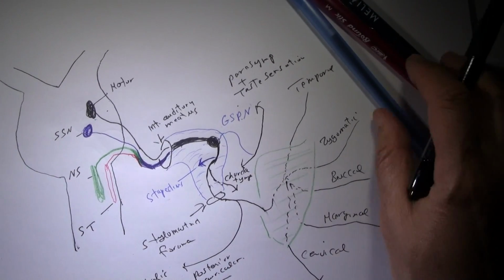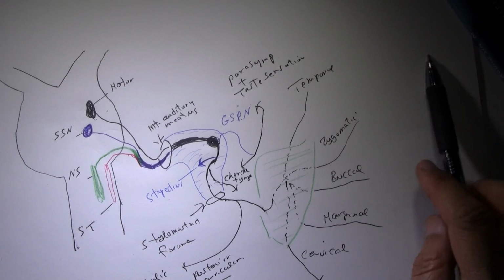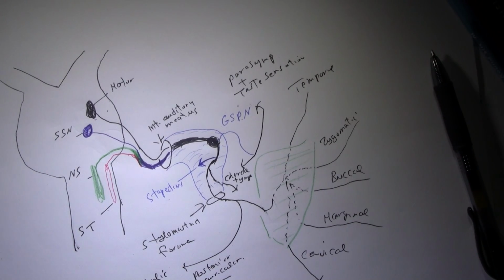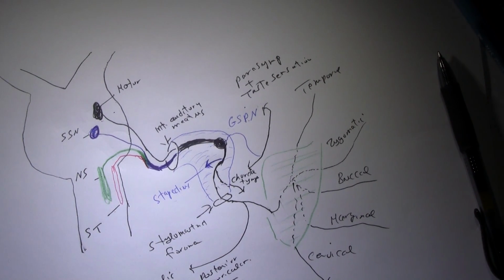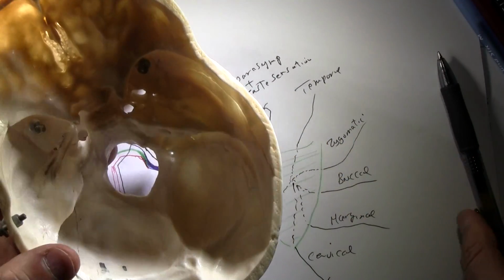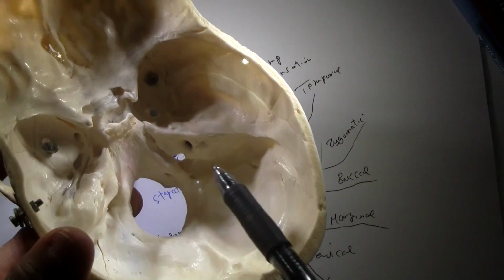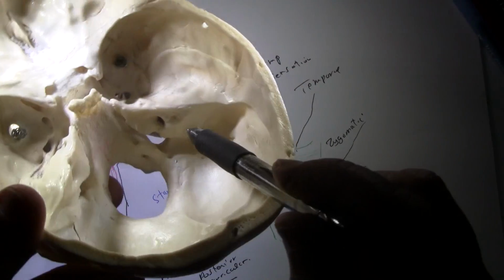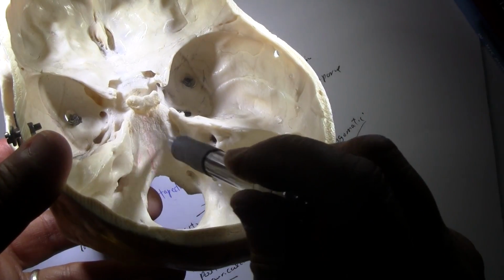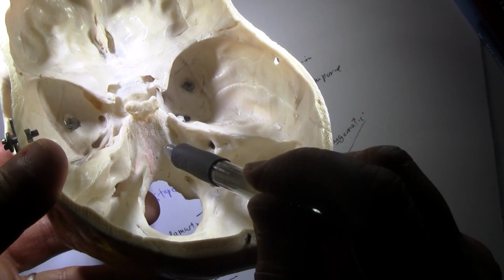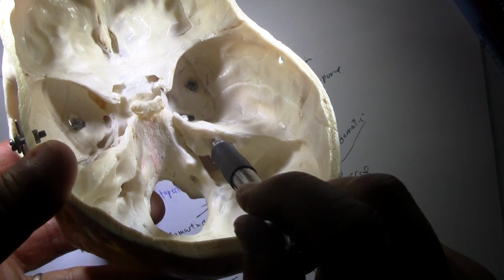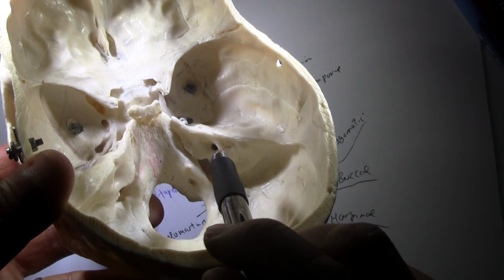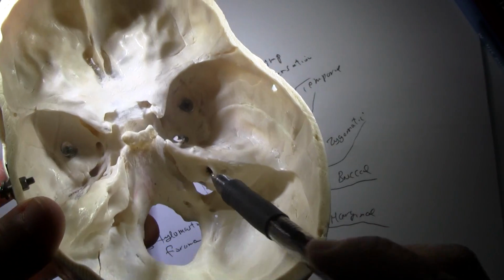Okay, so more detail about those nerves. The greater superficial petrosal nerve comes through this hiatus. If we want to follow the course of the facial nerve, it comes from the brainstem, which is located here, and travels laterally to the internal auditory meatus, traveling through the facial canal inside the petrous bone.